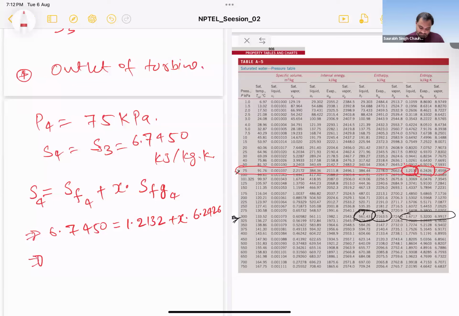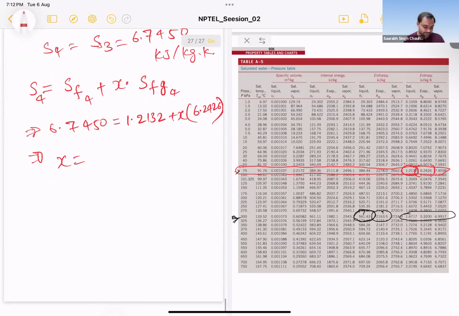So from this equation we can find the value of x. If you solve this, it will come out to be 0.8861. You can check the calculation.